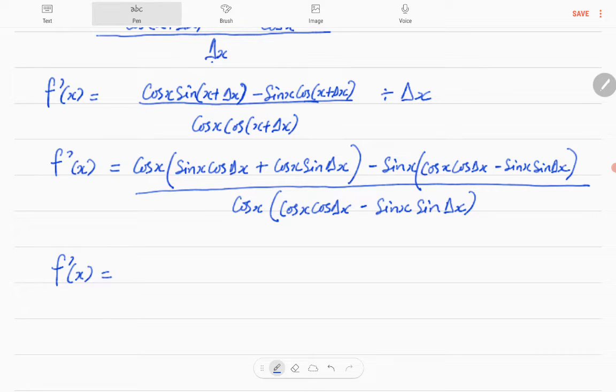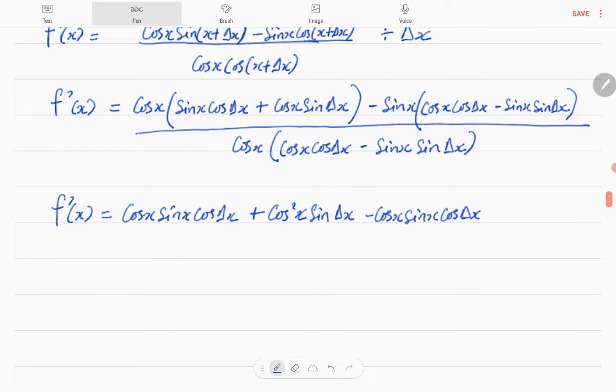So you can solve for that to get our f prime of x is equal to, we are going to expand the bracket, so we'll have cos x sin x cos dx plus cos square x sin dx, cos x times cos x gives us cos square x, minus sin x cos x cos dx, which can be written as cos x sin x cos dx.